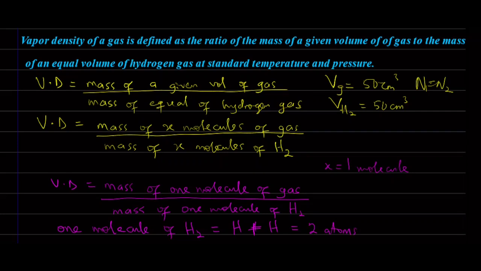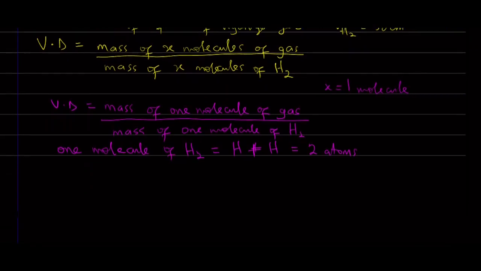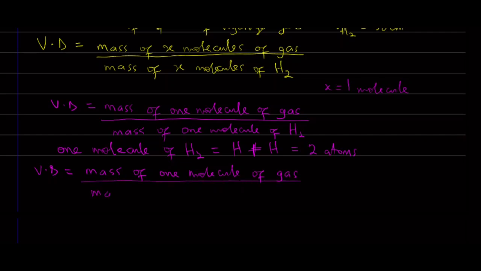That means we are going to replace our value by saying vapor density is going to be equal to the mass of one molecule of gas over the mass of one molecule of hydrogen gas, which is formed by two atoms.